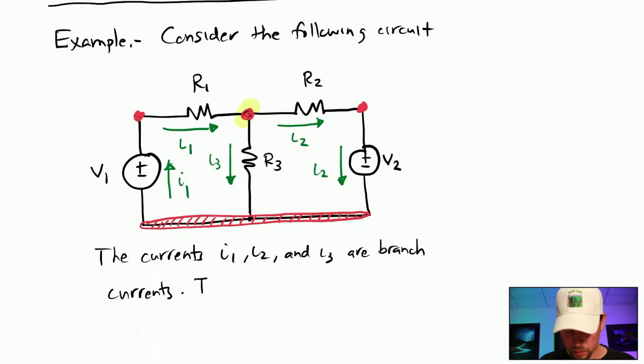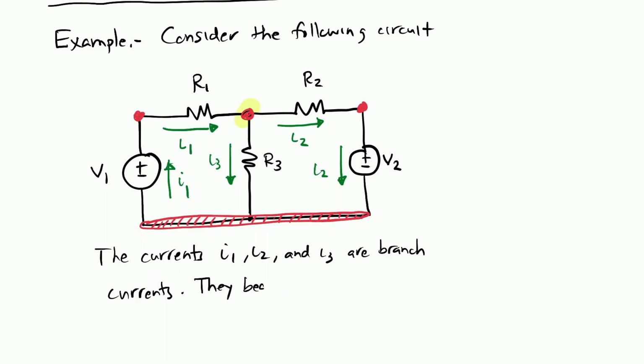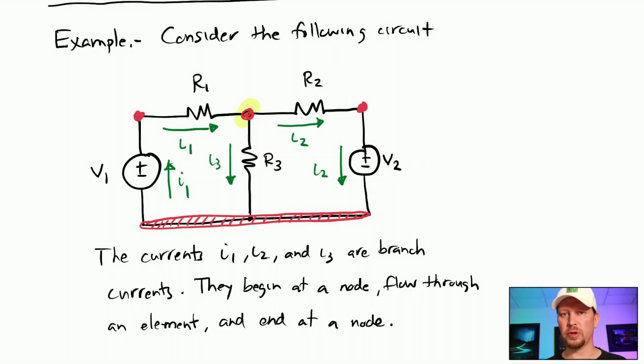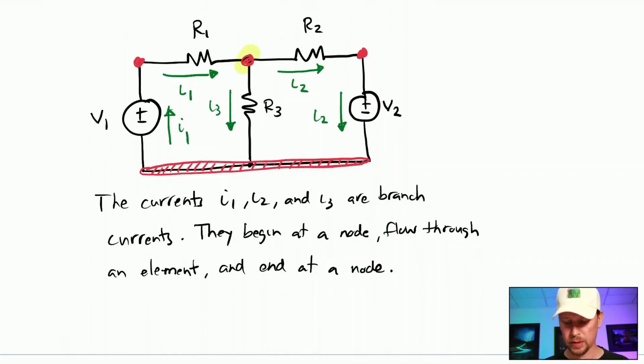They begin at a node, flow through a single element, and end in a node. They are nowhere else in the circuit defined unless the elements are in series. They do not exist anywhere else in the circuit.